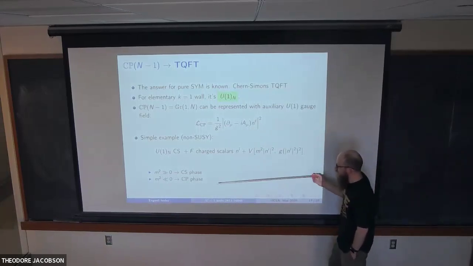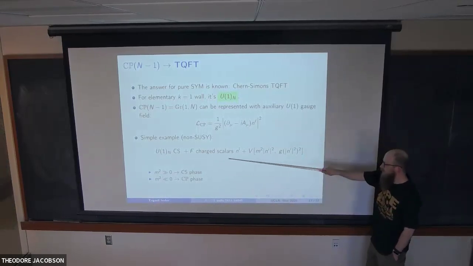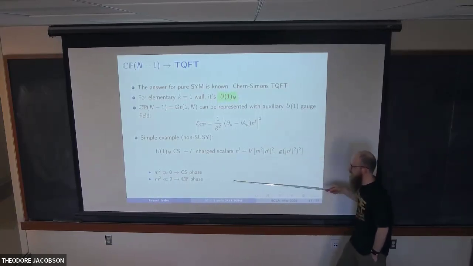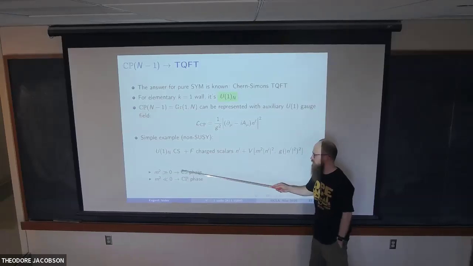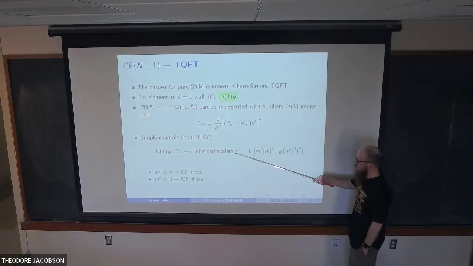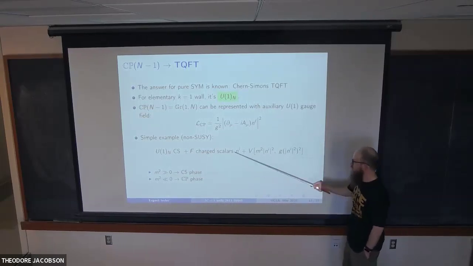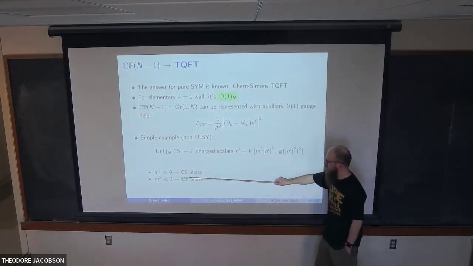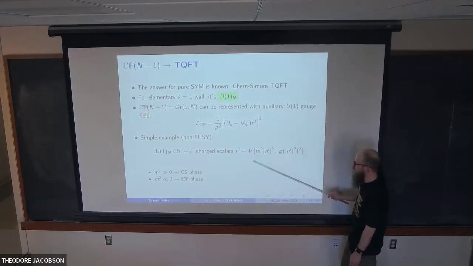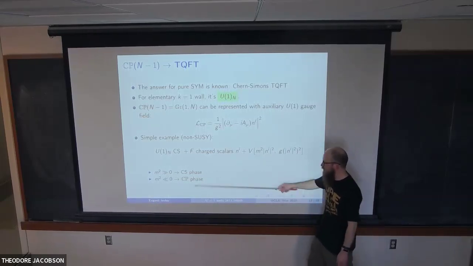Now if you consider a theory which is a U(1) Chern-Simons theory plus a charged scalar plus some potential, with a positive m squared, where m squared is the mass of this field n, you can imagine two limits. First is the limit when the mass of this field is large, then you can integrate it out.